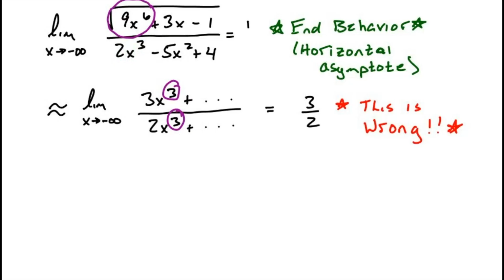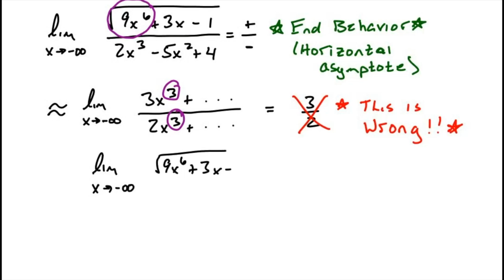So we are going to have a positive over a negative in this specific instance, and that's super easy to miss. Now, all the other analysis still holds. The powers are going to be the same. They are going to essentially grow at the same rate, but we just have to acknowledge that the end result is definitely going to be negative. Thus, we conclude the limit that we started with doesn't go to 3 over 2.